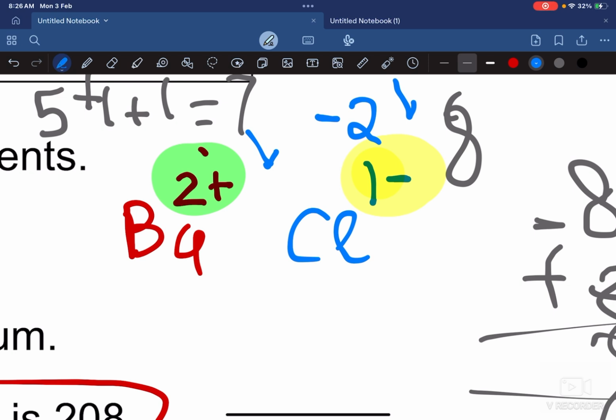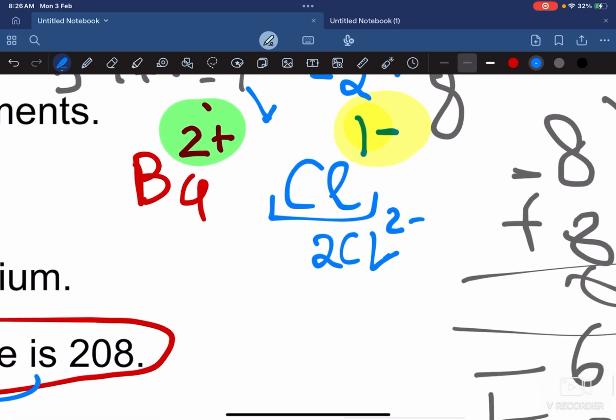So what you need to do is, you have negative 1 over here. So in order for the total to be negative 2, you can take 2 chlorines, 2Cl. 2Cl can give you a 2 negative. Look, one chlorine has 1 negative. So it's easy and simple, fair, that if you take 2 chlorines, that's going to be 2 negative.